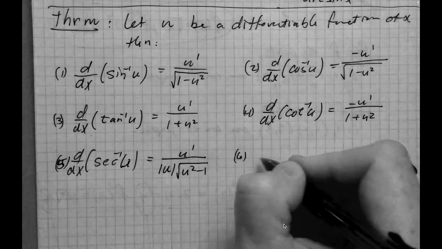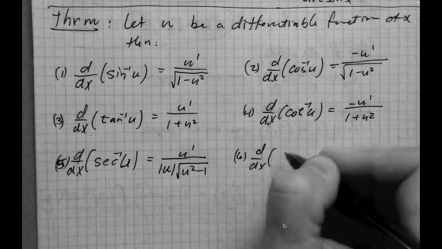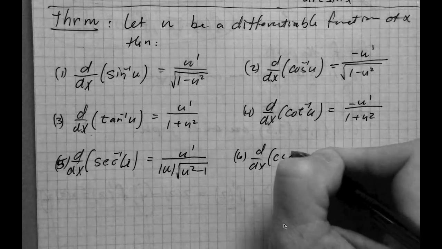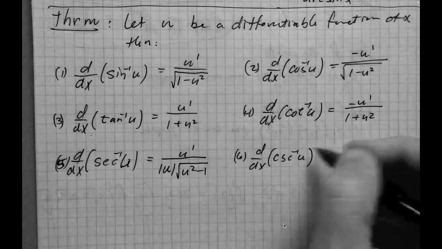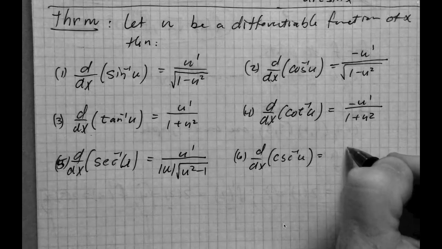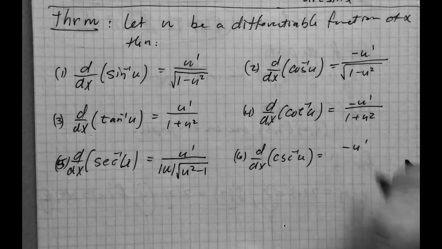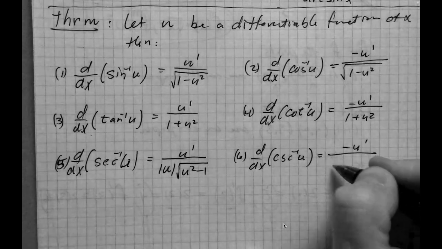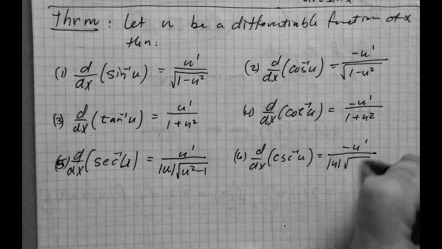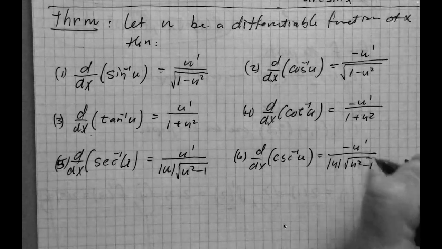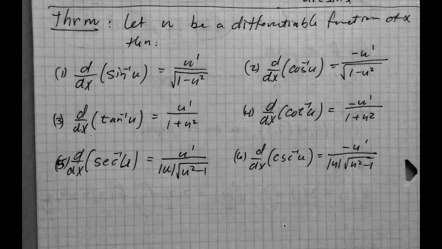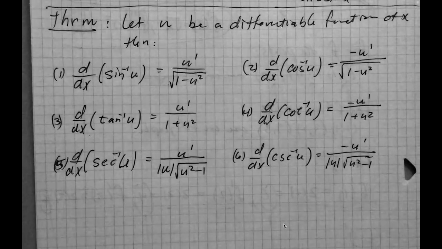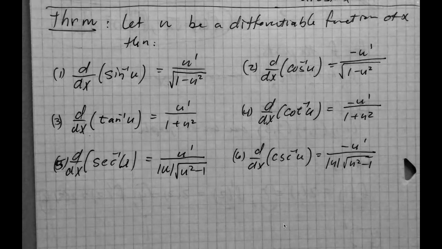And then the derivative of the inverse cosecant is going to look real similar, negative u prime though, just the negative up top there. All right, so there you go. Those are the derivatives of the inverse trig functions.